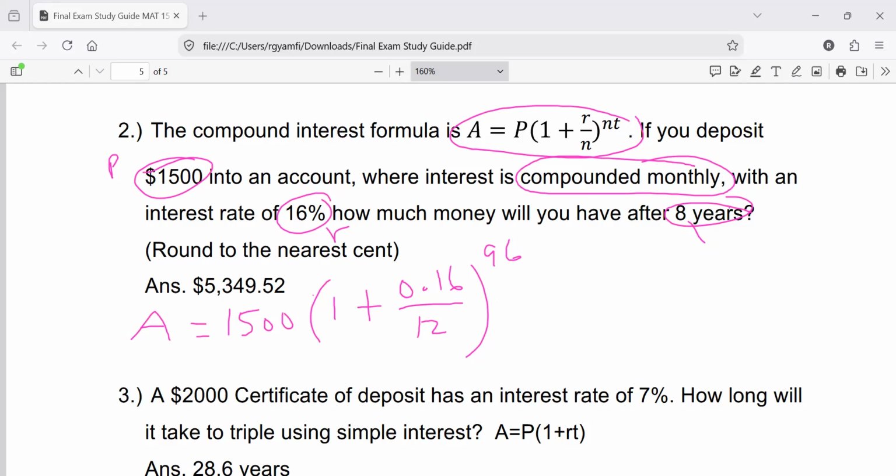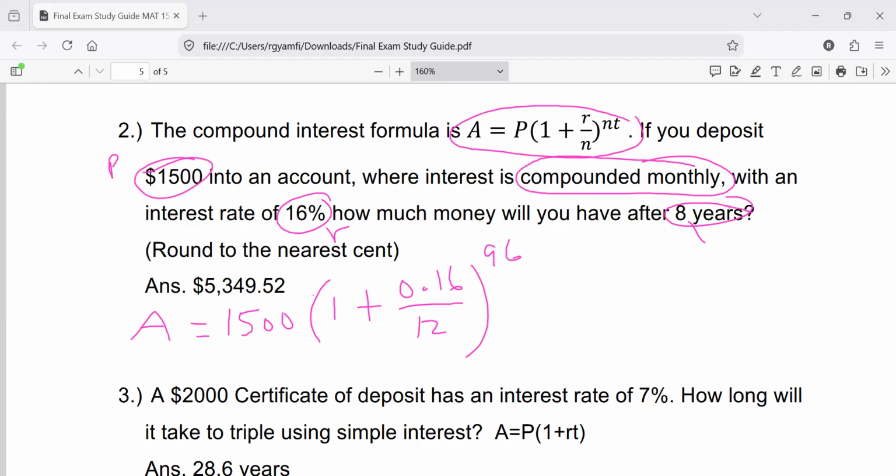Now, we've got raised to the power of 96. So you don't want to round, you just want to do to the power of 96. On the calculator, you've got the x to the power y key there. You hit that, and then you put 96 there.